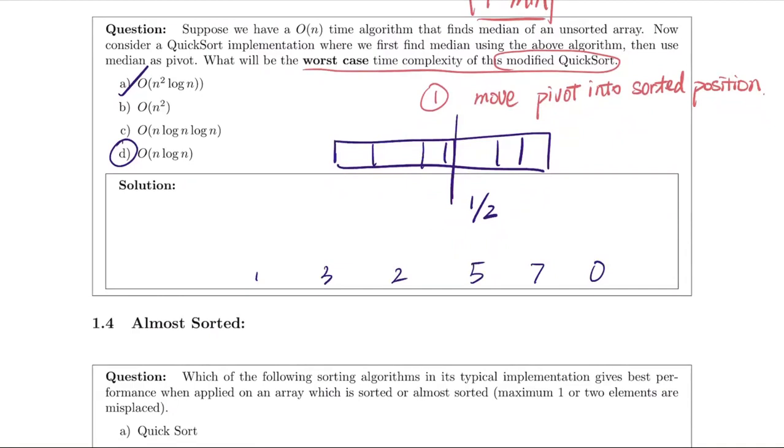So the median is in the center in the sorted order, right? In the unsorted order, I could find the median here, and then I move that median to its sorted position.